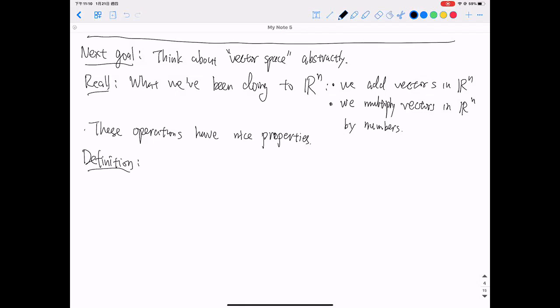A vector space over a field, a scalar field, K, is a set denoted by V that admits two operations.